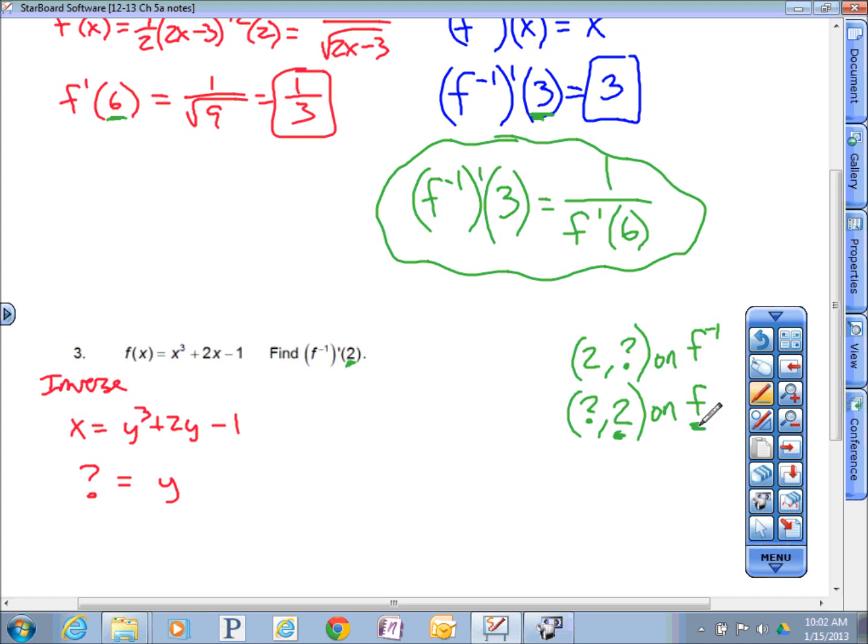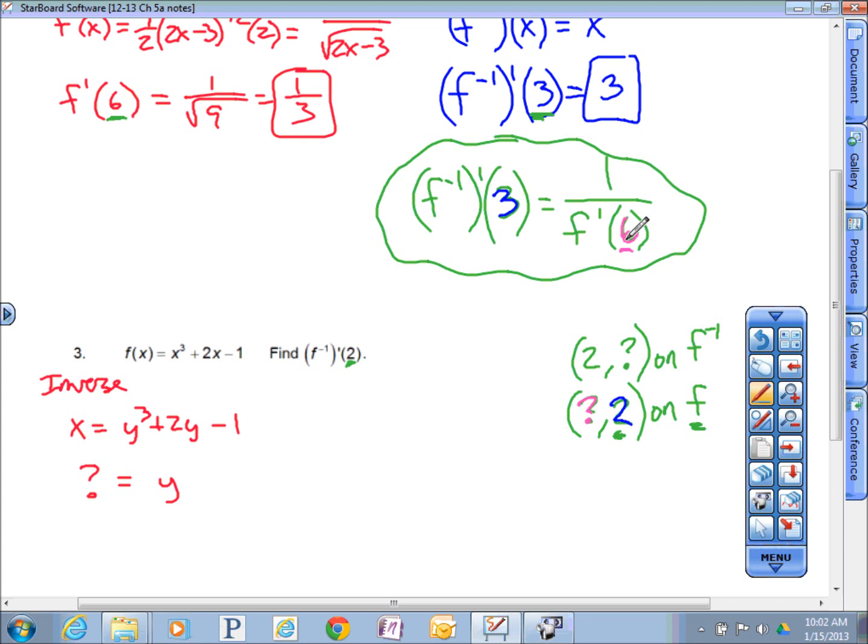So if that's the case, if I could find the x value that goes with it, if I could find this question mark value, then that question mark value is just like this 6 was. So our 2 here, I'm going to put it in blue, our 2 here functions just like the 3 did. Our question mark functions just like the 6 did.